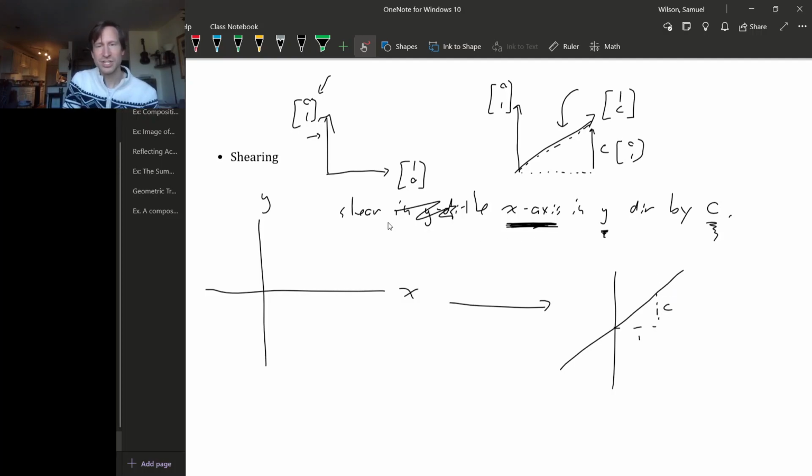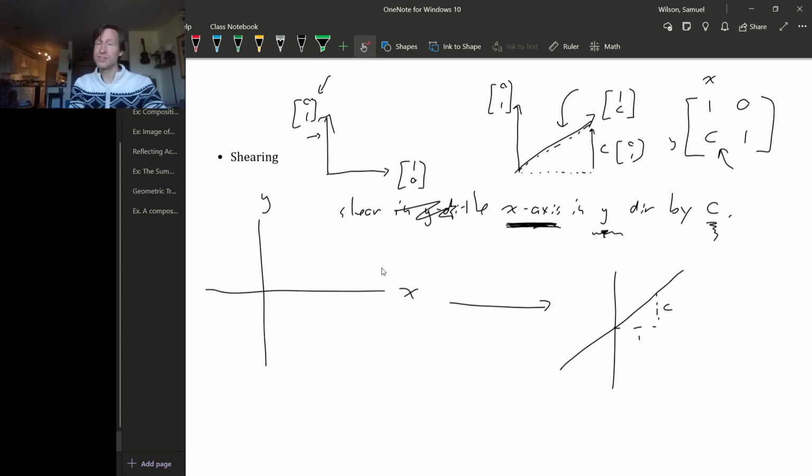So this is shearing the x-axis in the y direction, and we get a matrix that looks like this: 1, 0, c, 1. So we get this factor of c in the column that corresponds to the axis we're changing, and in the row that corresponds to the axis that we're tipping it towards.